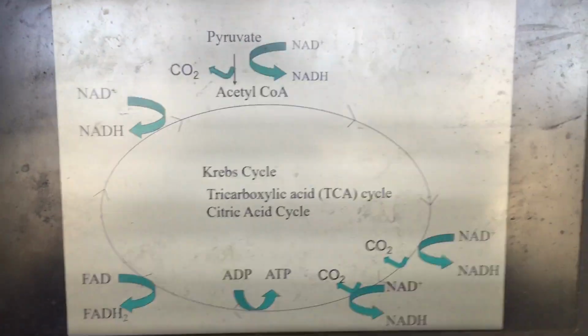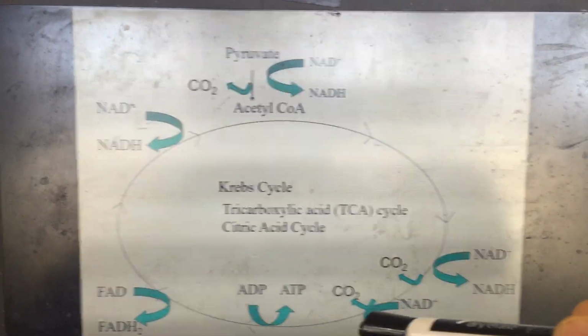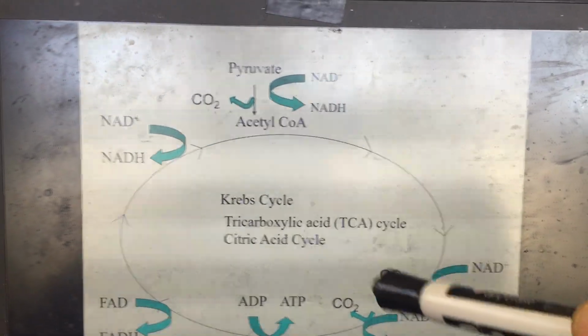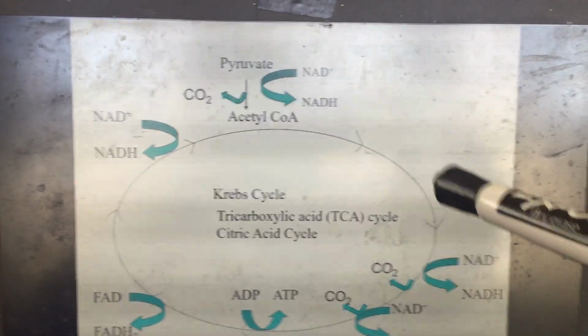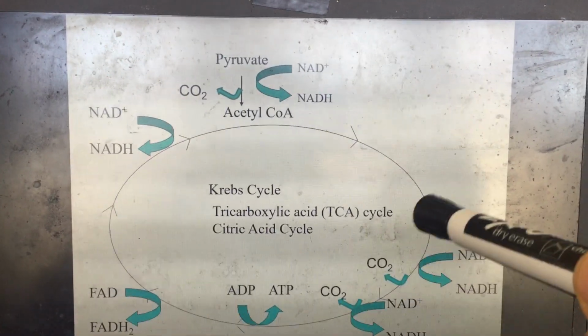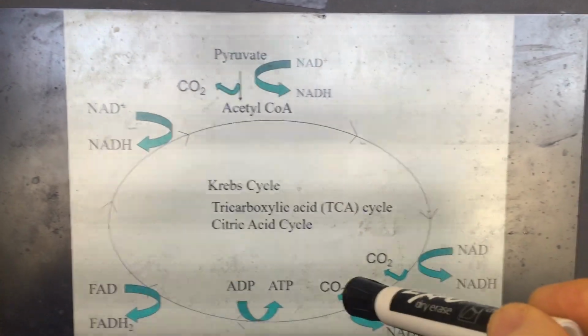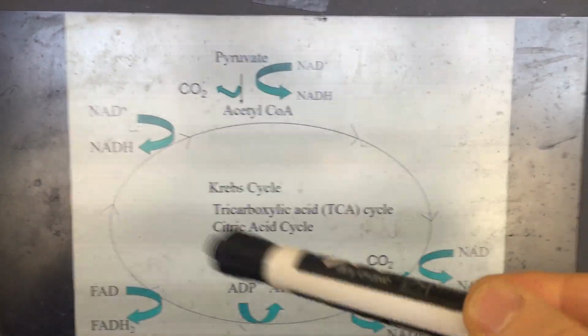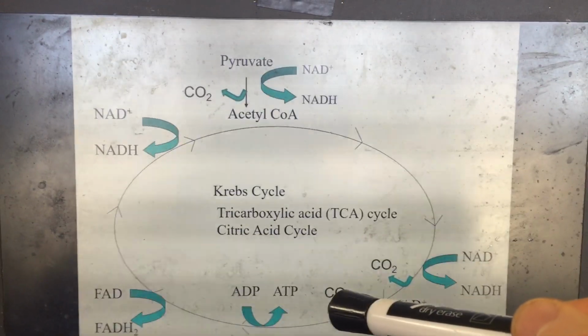So if you look at the Krebs cycle, you'll see that there's 2 points in the Krebs cycle where carbon dioxide is produced. Acetyl-CoA starts off as a 2-carbon molecule, so it essentially loses all of its carbons through formation of carbon dioxide. This carbon dioxide will then go into your blood and will be exhaled at the lungs.